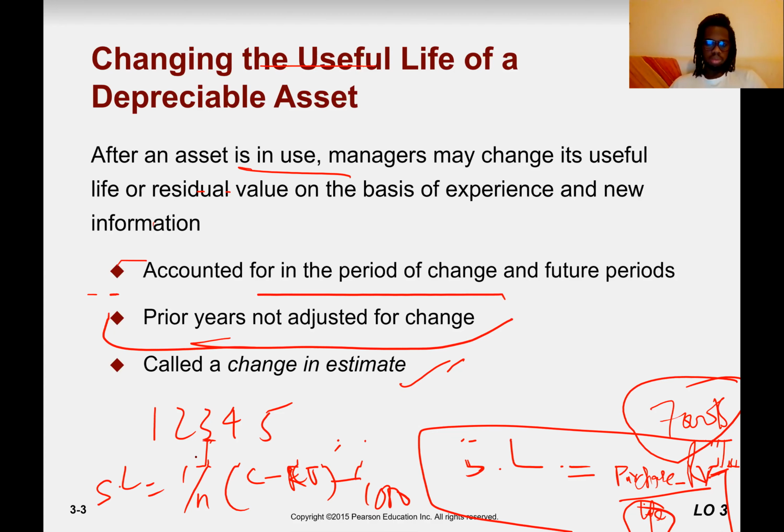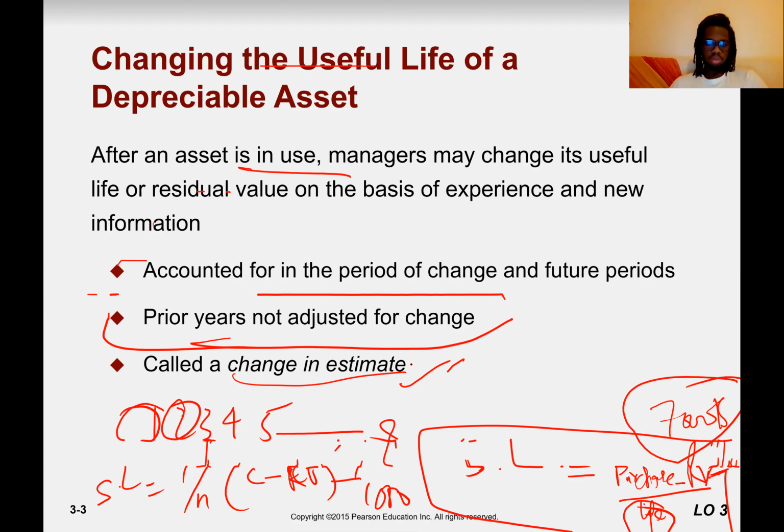You send your car to the mechanic, he does the engine overhaul, and the life is extended to 8 years. The depreciation you already calculated in years 1 and 2 is not going to be affected, because that expense belongs to the previous years. The matching principle is already applied in previous statements, so we are not going to change them, right? Prior years are not adjusted for the change. What happened in the previous years stays in history. That's it, right? We call this a change in estimate.